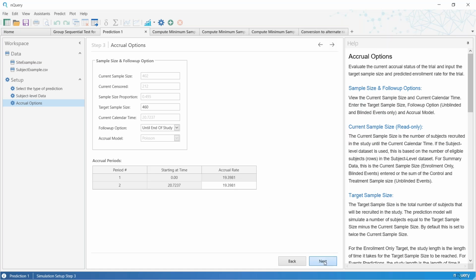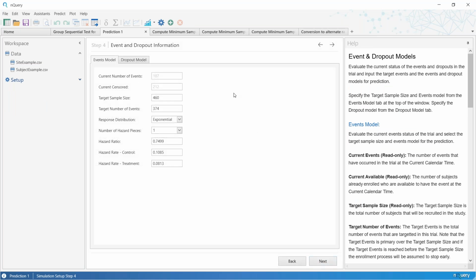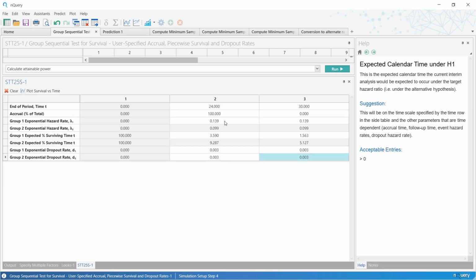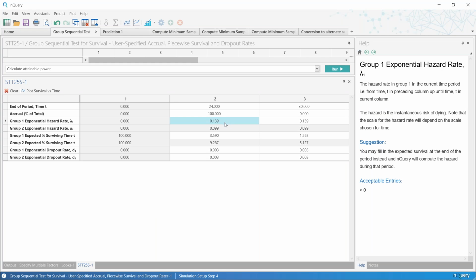So we click next, and then we get into the event and dropout information. And obviously, very quickly, we see this is where the action is. If we go back to our original design, what were the event rates we were expecting in each group? We were expecting exponential event rates of about 0.14 and 0.1 in the control and treatment groups respectively.